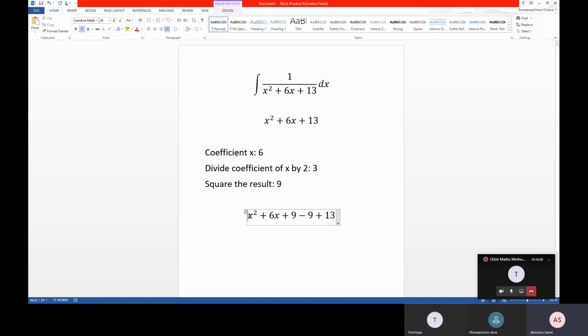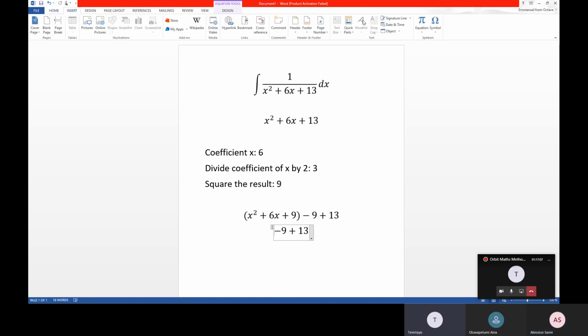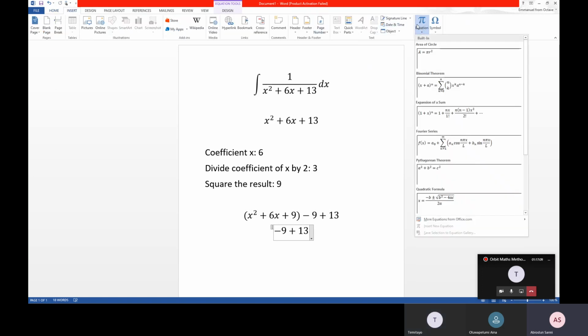Now, from the first place, which is x squared, to this positive 9, just put a bracket there. What now happens? That's going to become x squared. Go to the next line. This guy that is inside the bracket is going to become a perfect square.